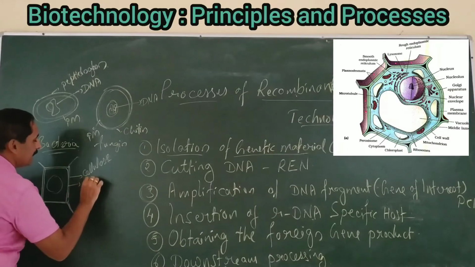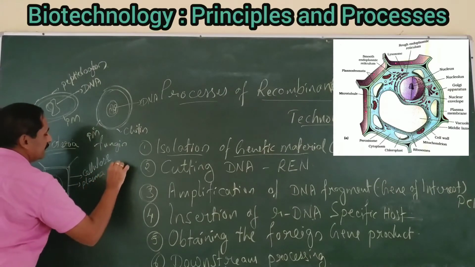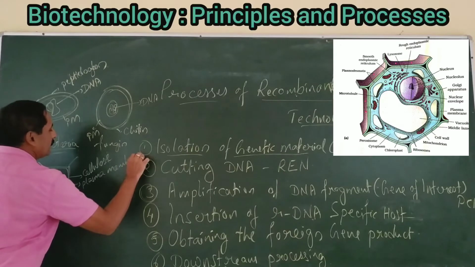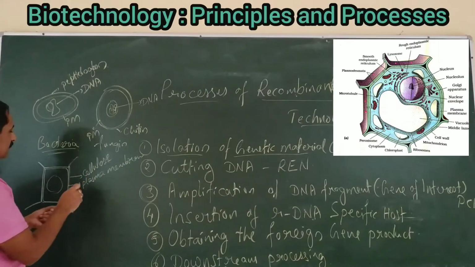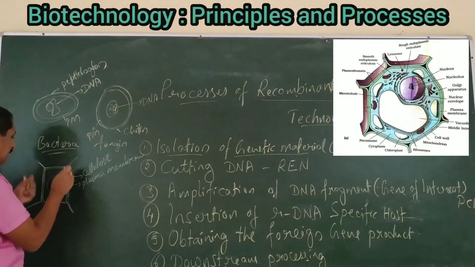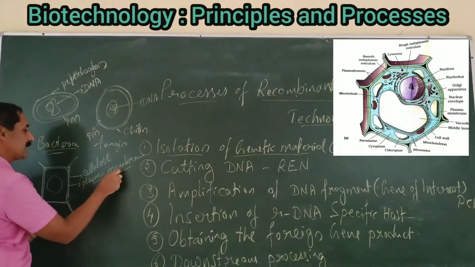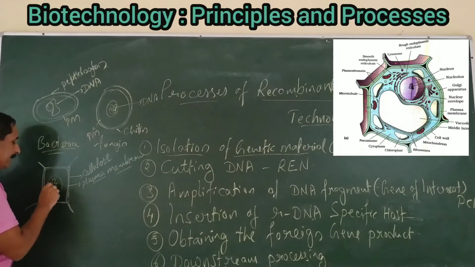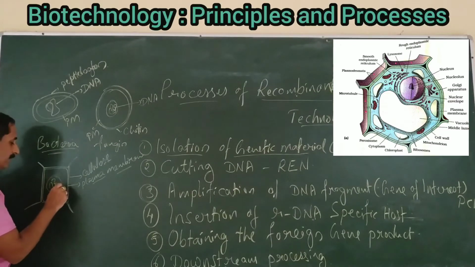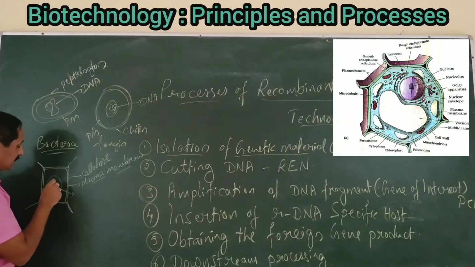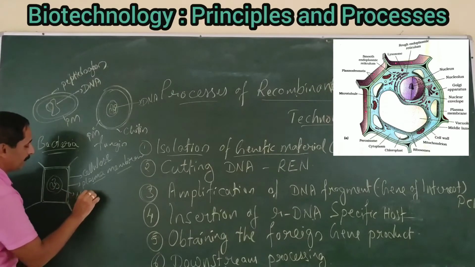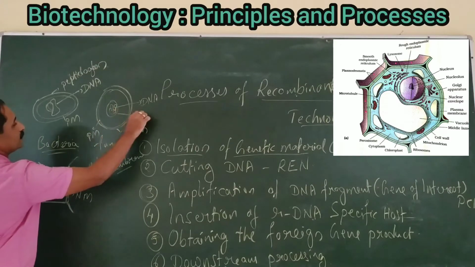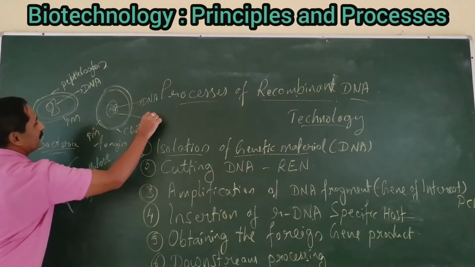We have to remove the cell wall and also the plasma membrane to extract the DNA present in the nucleus. We can also remove the nuclear membrane. A nuclear membrane is also present in fungi.